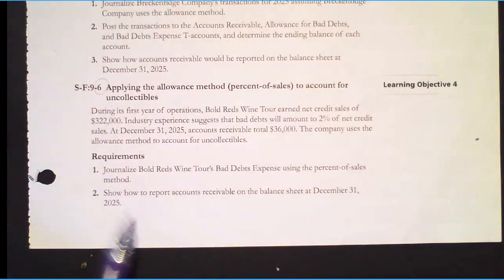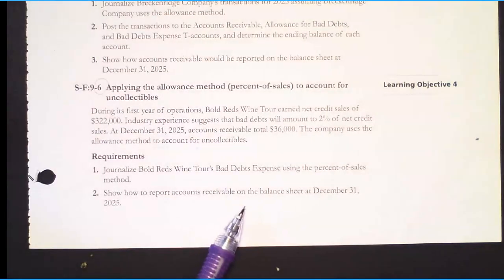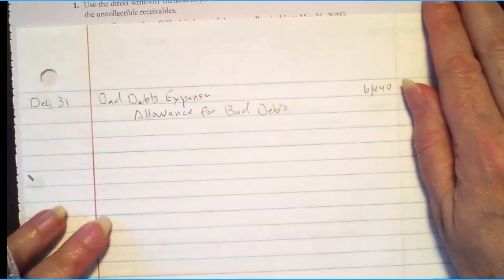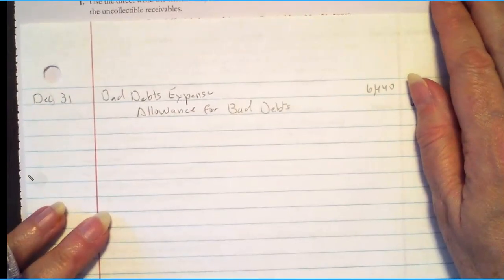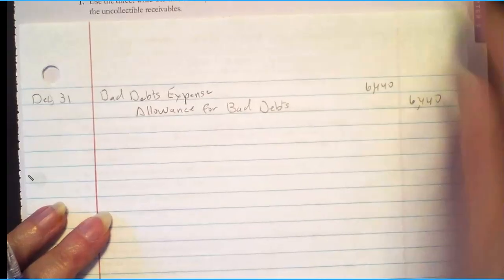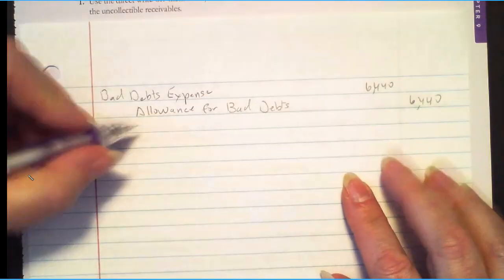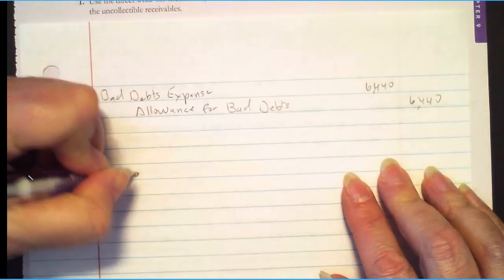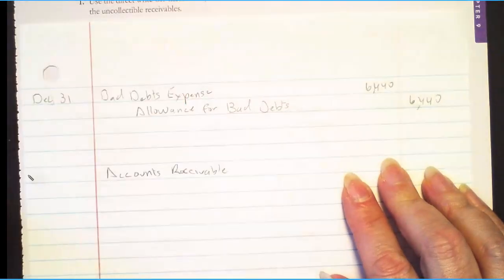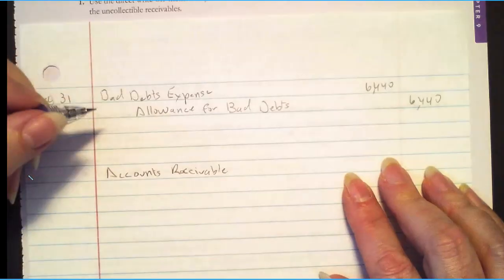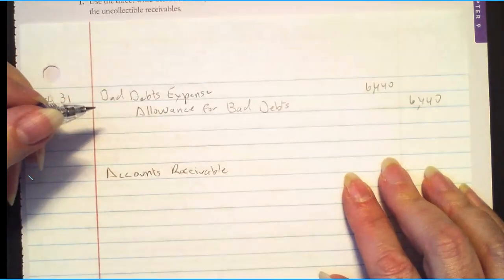Part 2 says show how accounts receivable will be reported on the balance sheet. Okay. Now, on the balance sheet, we start with assets, and then we have current assets, and then we have cash, and then we'll have accounts receivable. And we will say less whatever is in the balance of our allowance account.